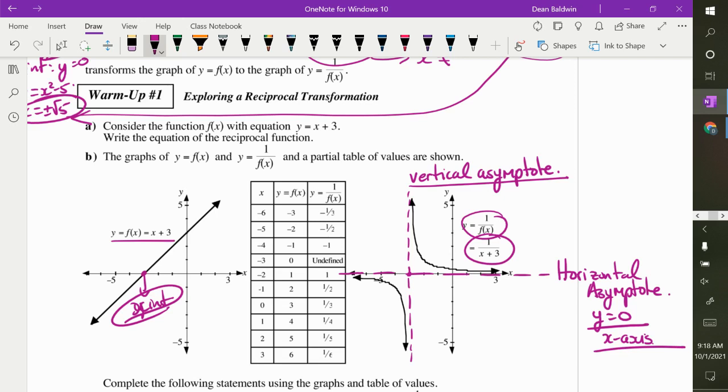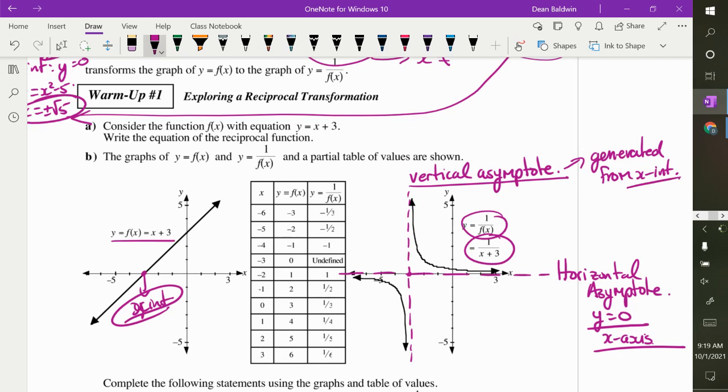Okay, vertical asymptote is where the x-intercepts occur. Generated from x-intercept. Okay, now we're just going to practice graphing these things.